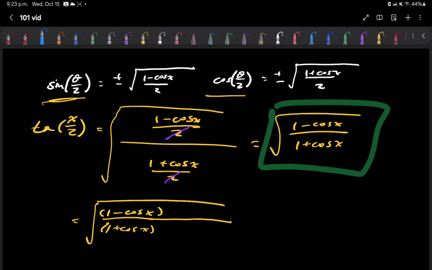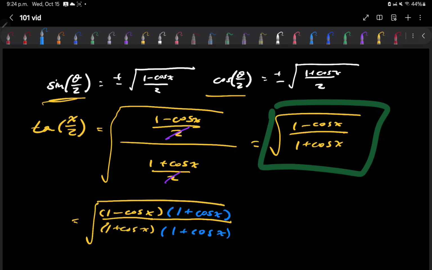We're going to multiply both the top and the bottom by 1 plus cos. This will create a 1 minus cos squared in the top, and that will help us as we keep going.